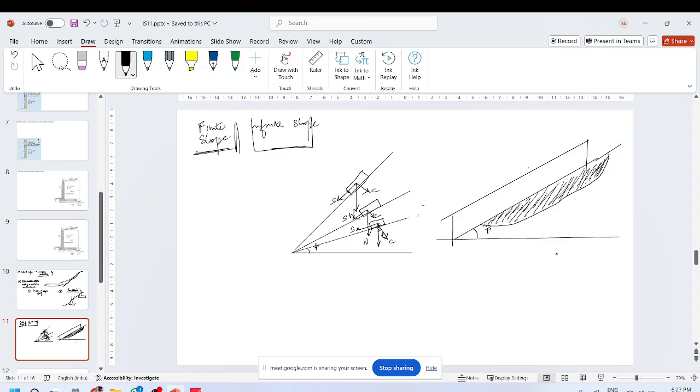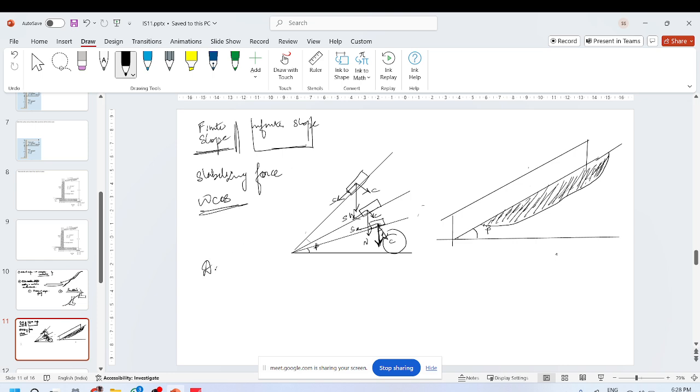As the slope is increasing, this weight is the stabilizing force, isn't it? The normal force is the stabilizing force.